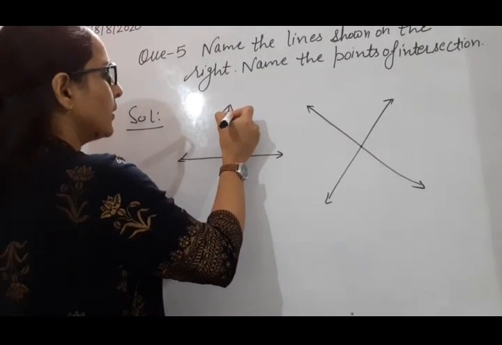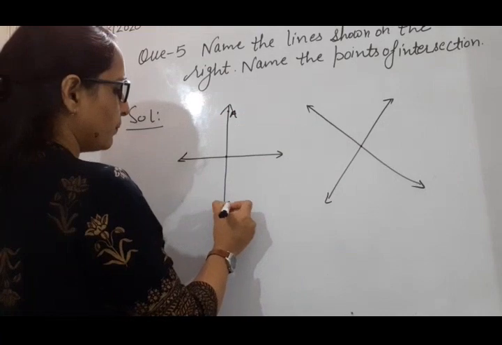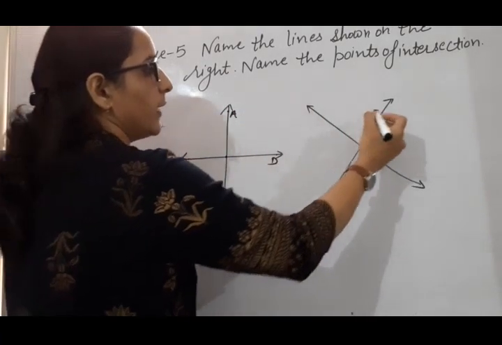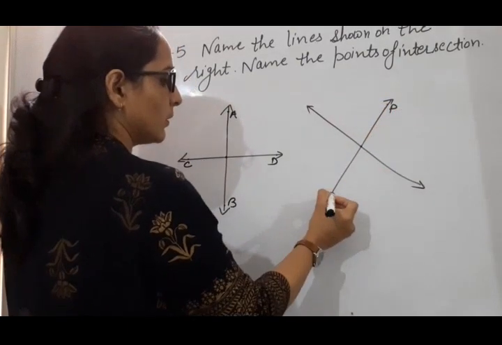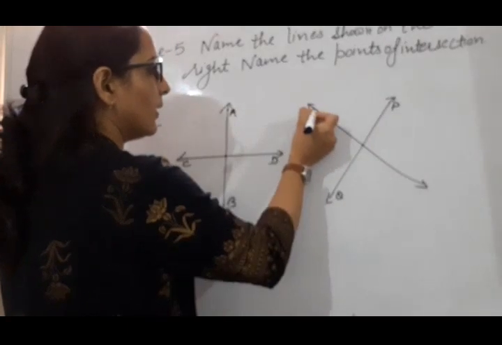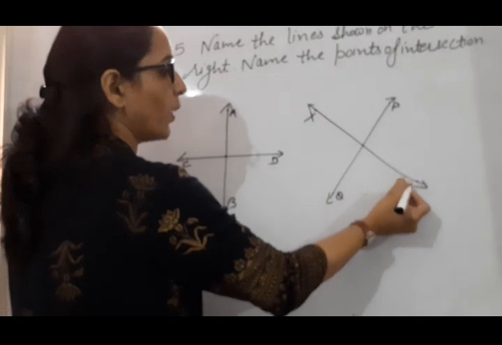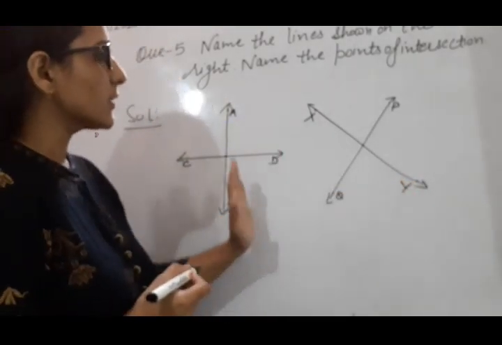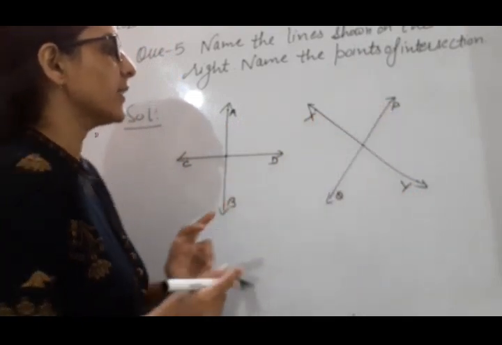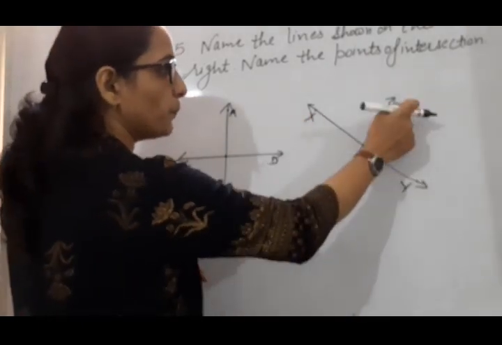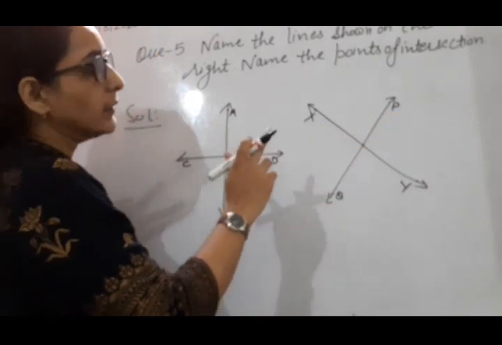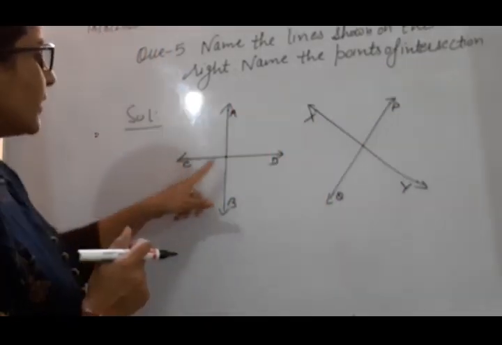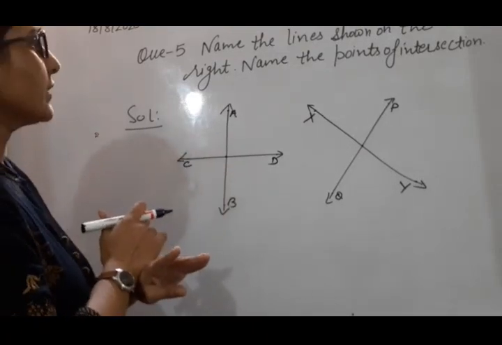Here I am giving the name A, B, C and D. Here P, Q, X and Y. Clear? So in both the figures these lines are intersecting lines. X, Y, P, Q. Both are intersecting lines here. A, B and C, D. Both are intersecting lines here.